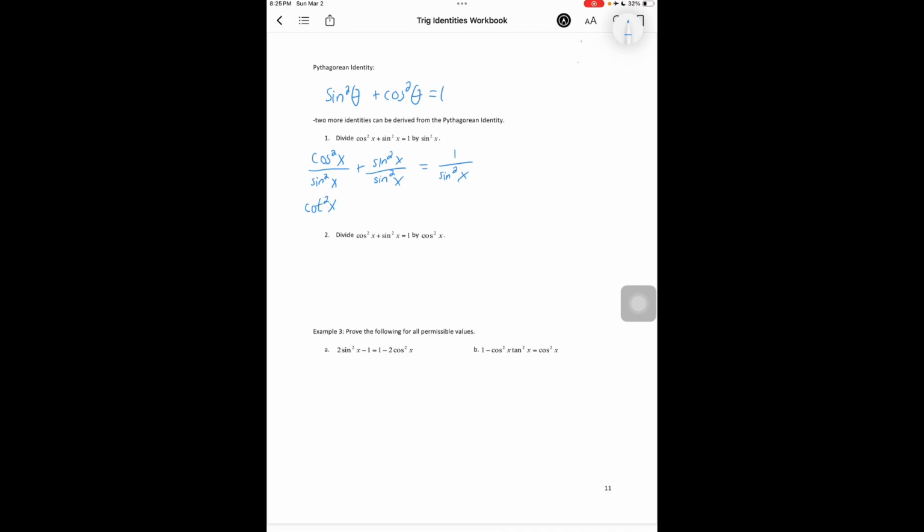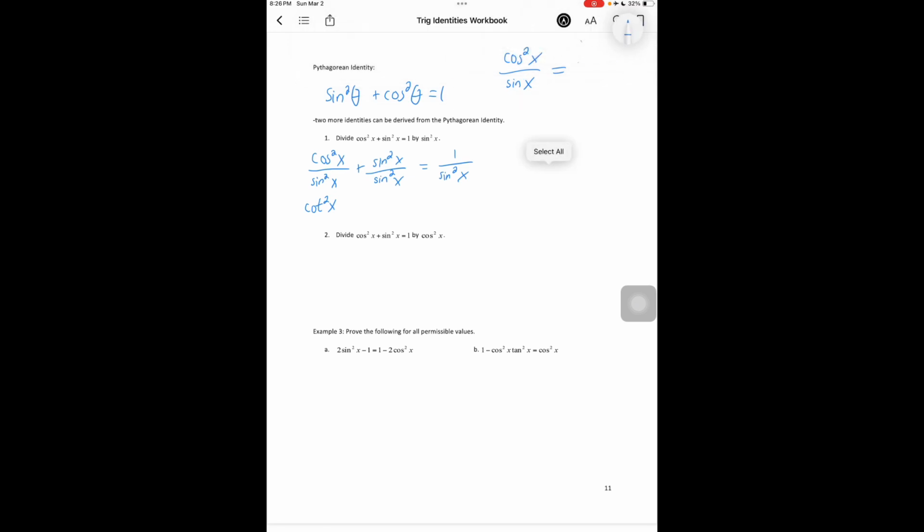Now, you might not see this in the exam, but let's say I gave you cos squared x divided by sine x, not 2, a 1. This does not equal cotangent squared x because there's only a single 1 here, right?